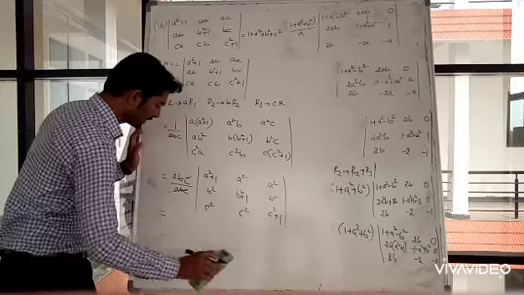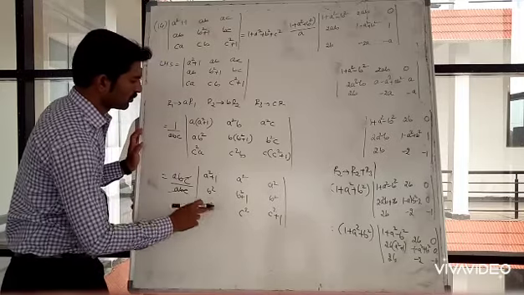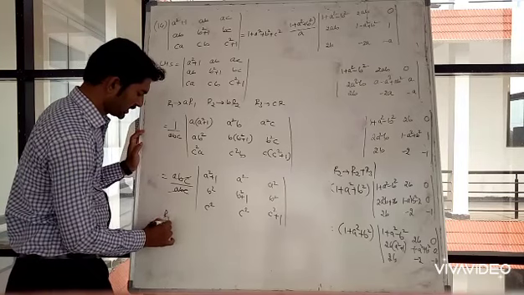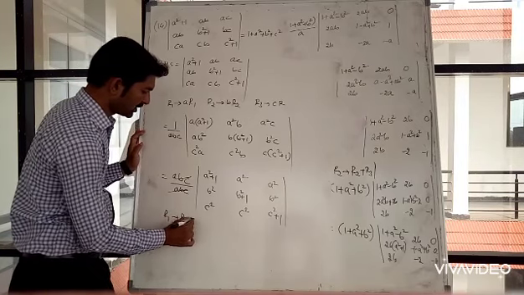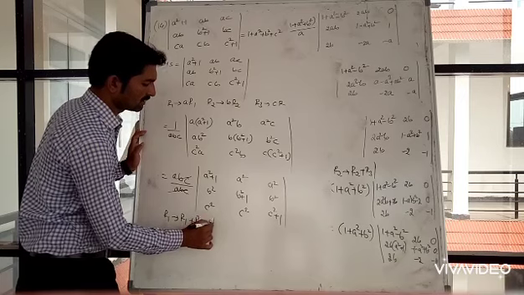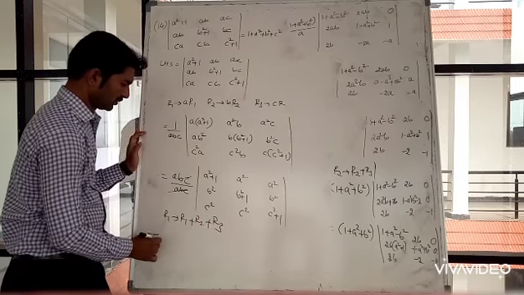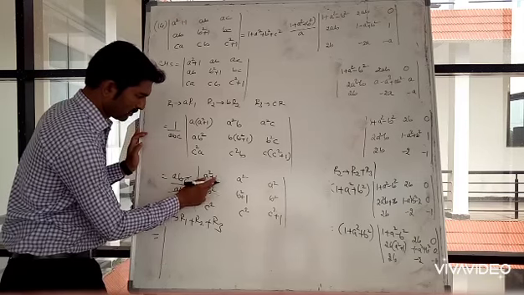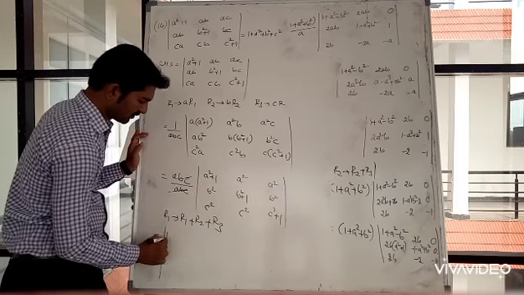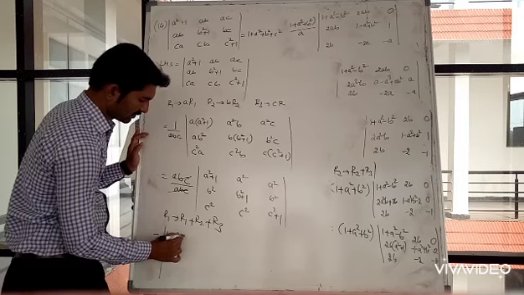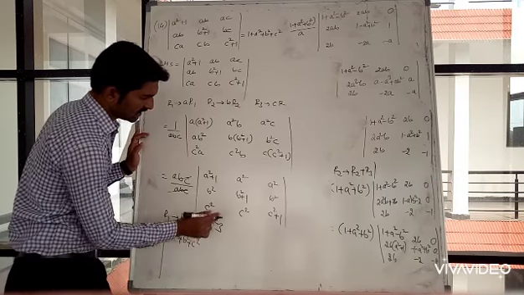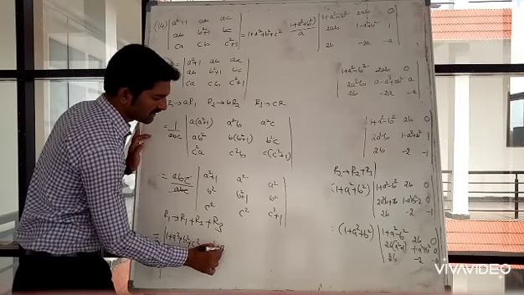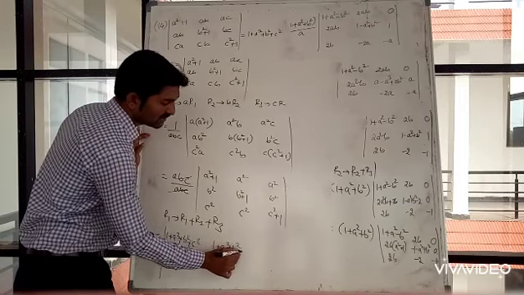Now apply the operations. 1 plus A square plus B square plus C square is required. So adding R1 equals R1 plus R2 plus R3 will give the first row 1 plus A square plus B square plus C square. Here also A square plus B square plus 1 plus C square, it means 1 plus A square plus B square plus C square.